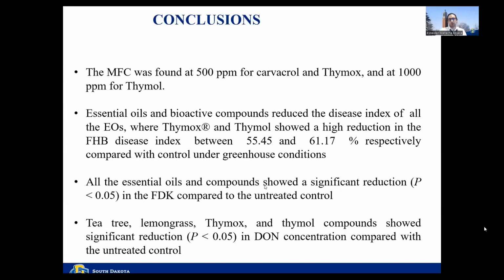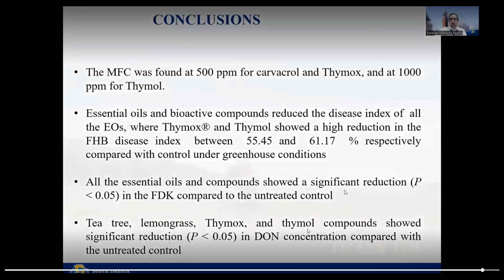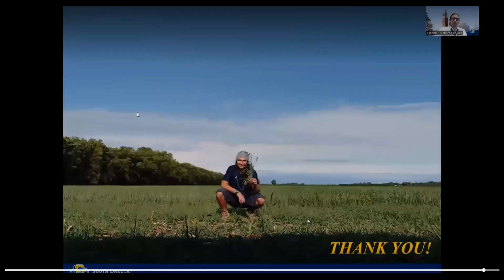All the essential oils and compounds showed significant reductions in the FDK compared to the control, with a p-value of 0.05. Tea tree, lemongrass, Thymox, and thymol compounds showed significant reductions in the deoxynivalenol concentration compared with the control treatment.